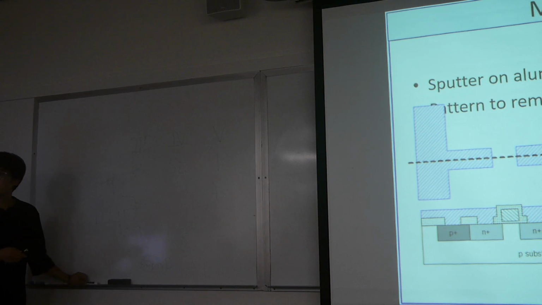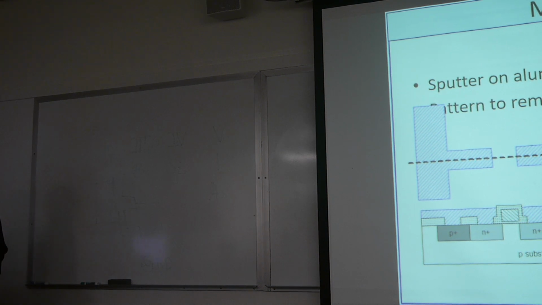Can you explain why connecting to that P plus area can give you a ground? Why not just connect it with the silicon? So it's a P-silicon, right? Basically, to make an ohmic contact to your silicon, you need to heavily dope it so that it doesn't form a Schottky barrier like you mentioned. Because it's a P-silicon, you need heavy P plus doping at that point so that you can make an ohmic contact with it.